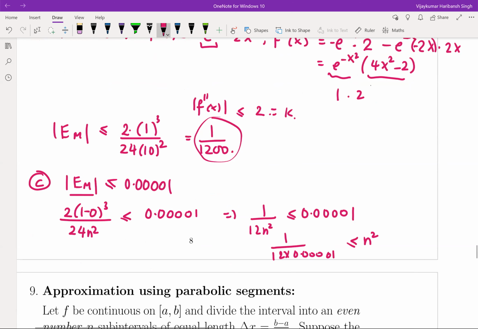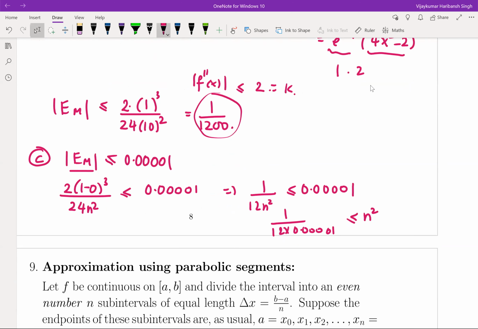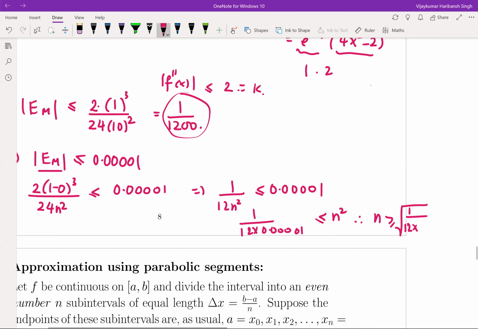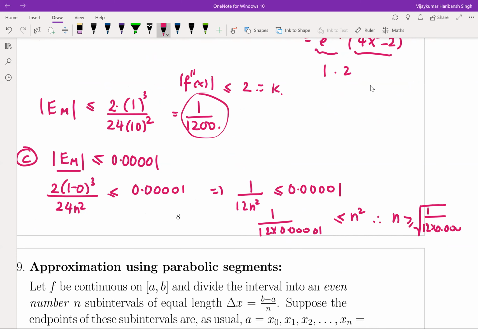And when you compute this, n turns out to be greater than or equal to the square root of this, times 0.00001.